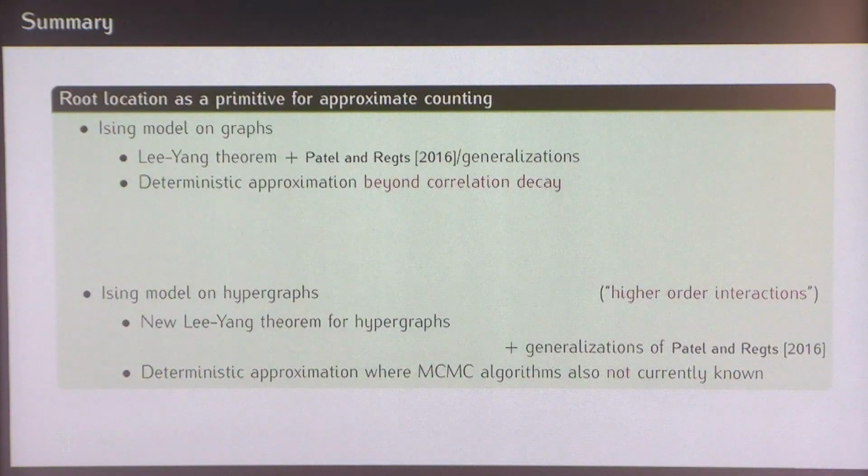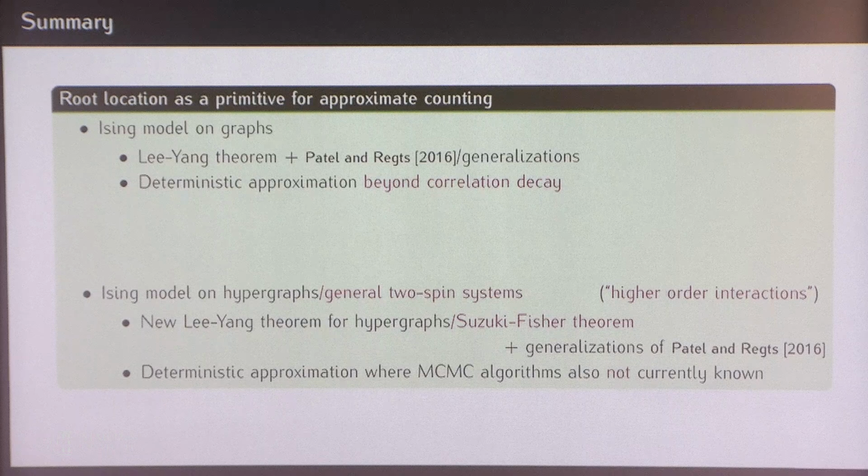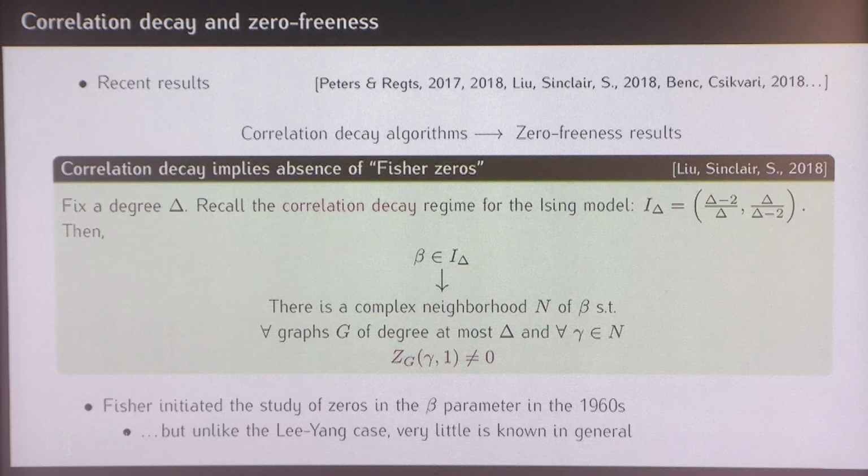Okay, so just to summarize, one can use zeros of polynomials to get algorithms where correlation decay, the other main workhorse for getting deterministic algorithms, fails, and in several cases even where Markov chain Monte Carlo algorithms are not known. More recently, correlation decay has also struck back, and in some cases one can use correlation decay-like arguments to prove absence of zeros, starting with the works of Peters and Regts, which Jan mentioned.